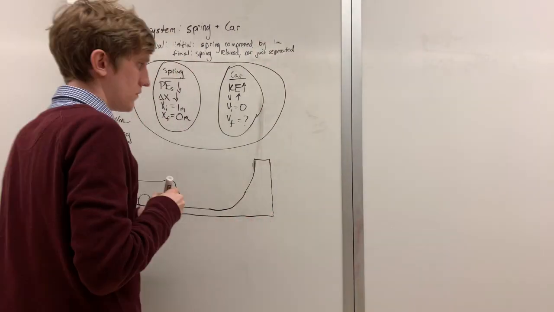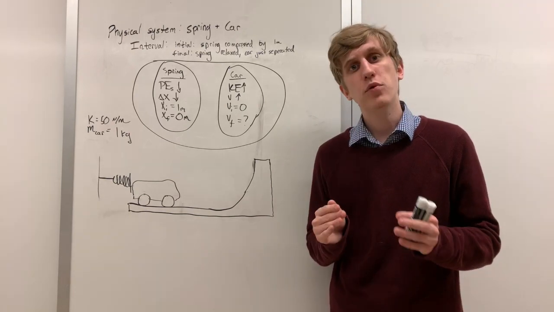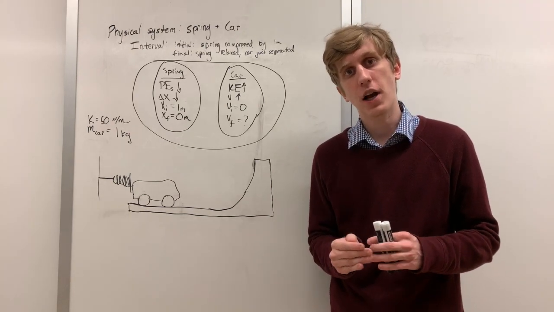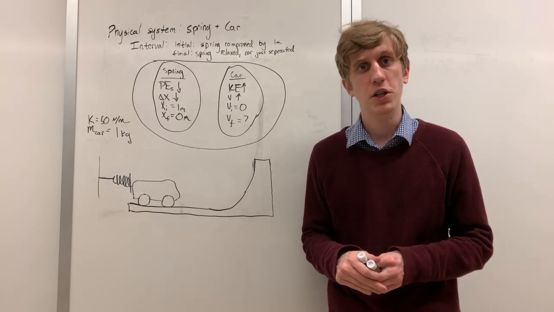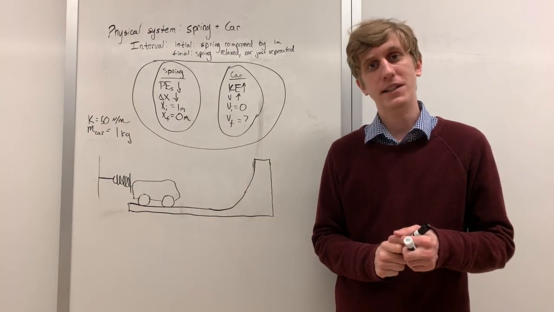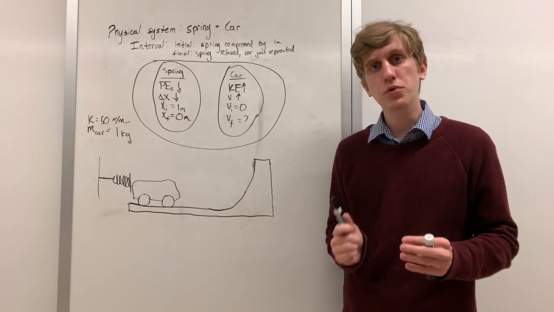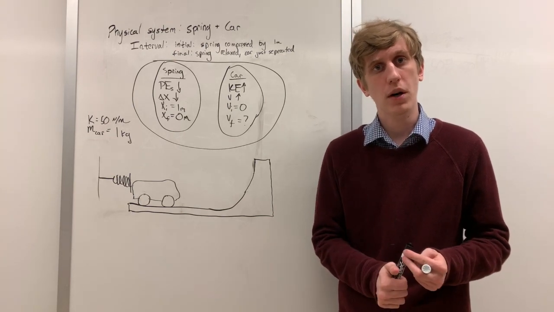So what is our statement of energy conservation? If we're able to draw an energy interaction diagram, we should always be able to write down a statement of conservation of energy. All we do is add up the changes in the individual energy systems and set them equal to the energy entering or leaving the system in the form of heat or work.